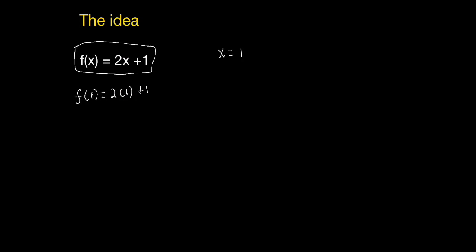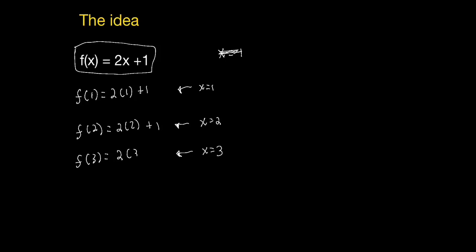The next thing we could do is evaluate this at x equals 2. So this is at x equals 1. Now at x equals 2, f of 2 would be the same thing as 2 times 2 plus 1. Let's try at x equals 3. f of 3 is going to be the same thing as 2 times 3 plus 1.